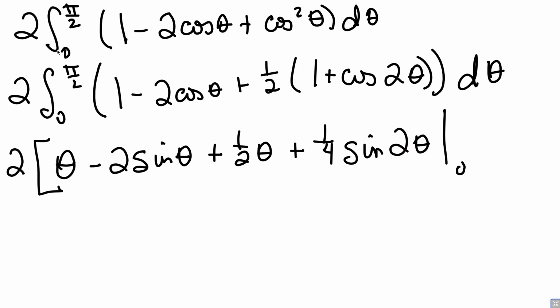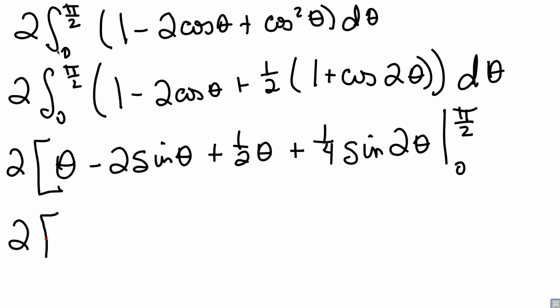And we're going to evaluate this from 0 to pi over 2. If I evaluate at 0, everything is 0, which is nice. So I only have to worry about the pi over 2.